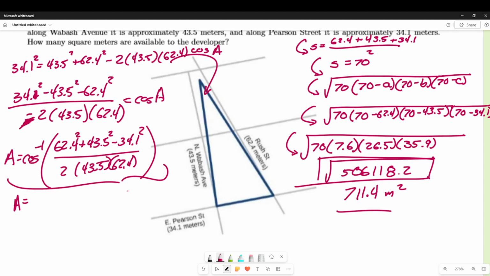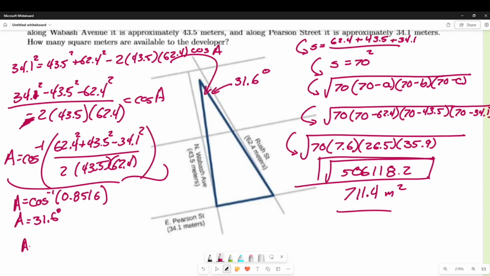And that gets us a nice, just to have some parts here, cosine inverse of 0.8516. So then I'm going to take cosine inverse of that, and get 31.6. So 31.6 degrees.